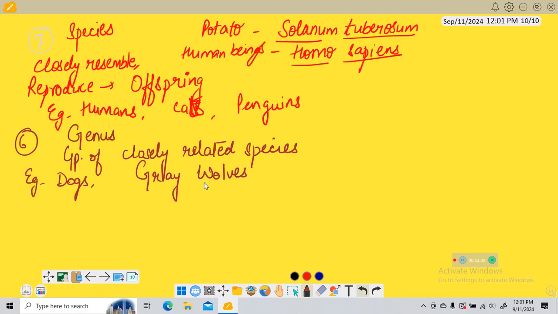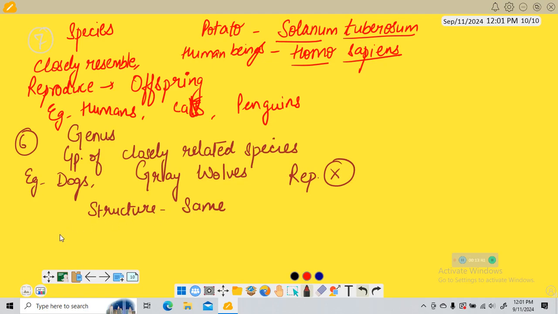Okay, if you see a dog and a grey wolf, they do not reproduce, right? They will not. A dog and a grey wolf, if you mate them, they will not reproduce. But if you see morphologically, their structure, their physical appearance, that is same. A little bit you can say wolf and dog, the appearance is same.